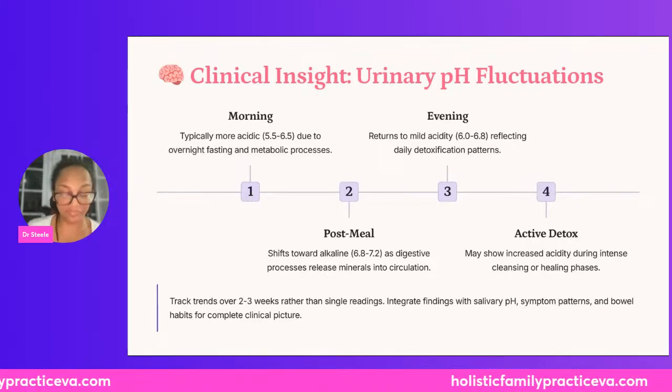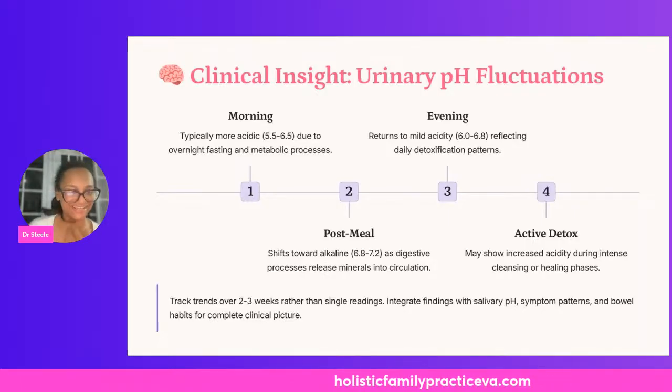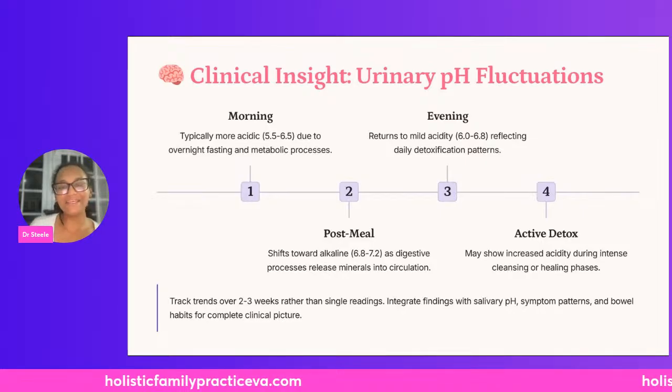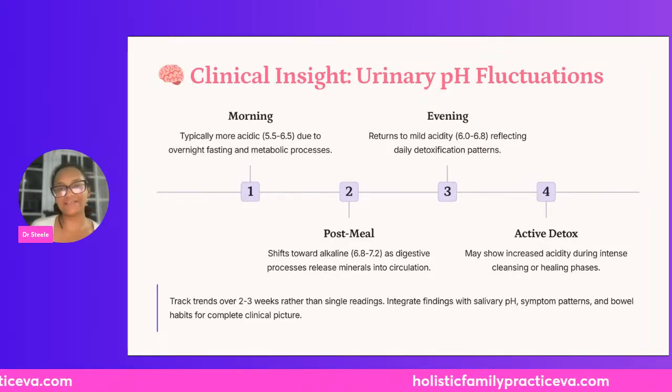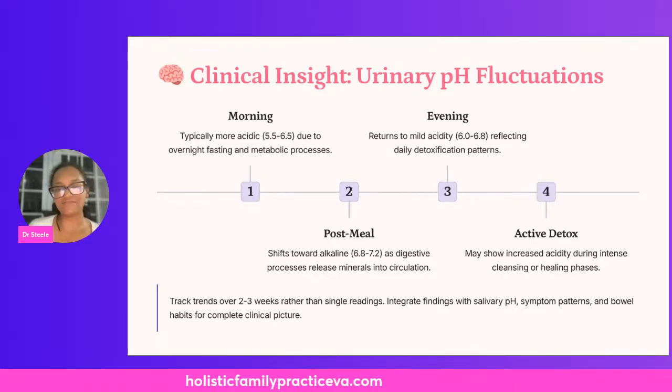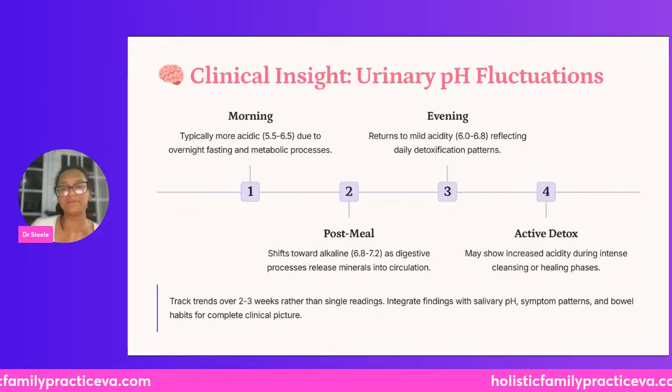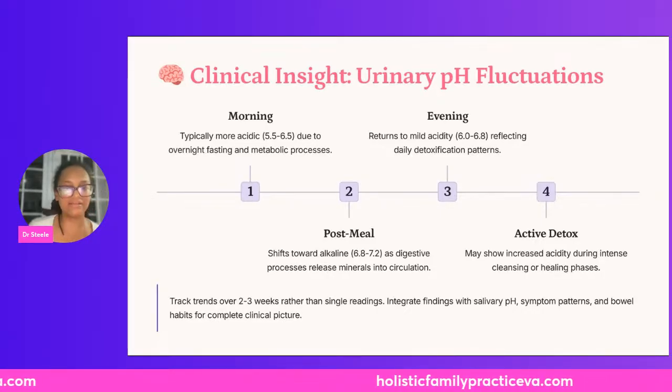Now, if you don't have enough minerals to release into circulation, your post-meal is not going to be as high. In the evening, it should return back to a mild acidity, reflecting your daily detoxification patterns. And then naturally during active detox, it can show some increased acidity because you're cleansing and in a healing phase.